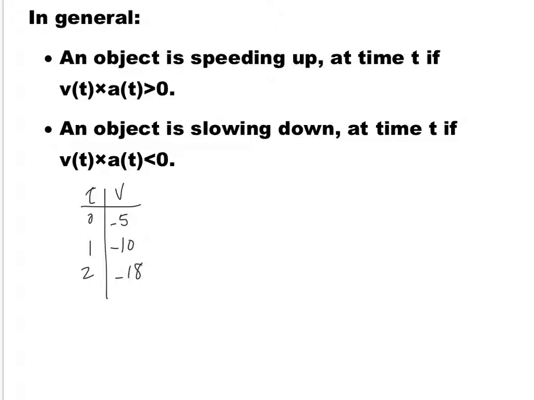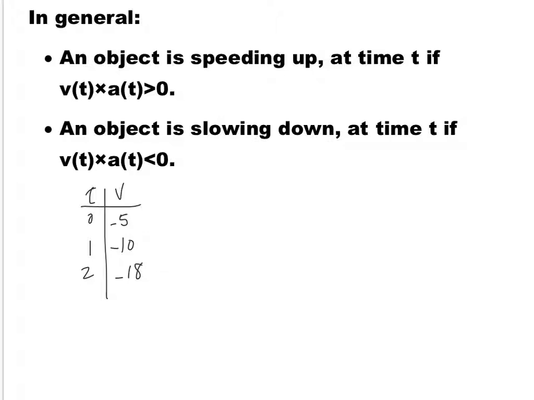Remember that the negative in front of the velocity just tells you the direction. If we assume that up is positive and down is negative, then the velocity is pointing downward. But if you look at the absolute value of the velocity, which is 5, 10, 18, it is obvious that the object is speeding up.